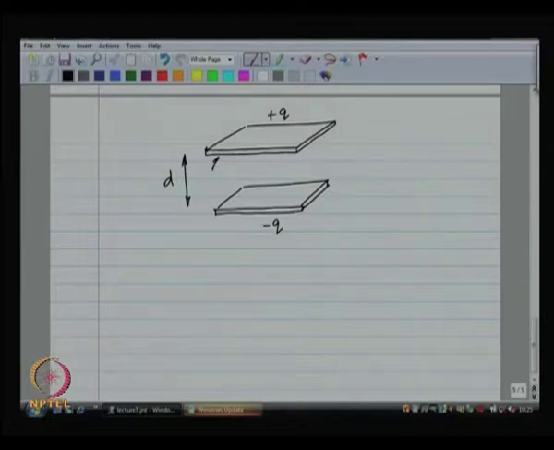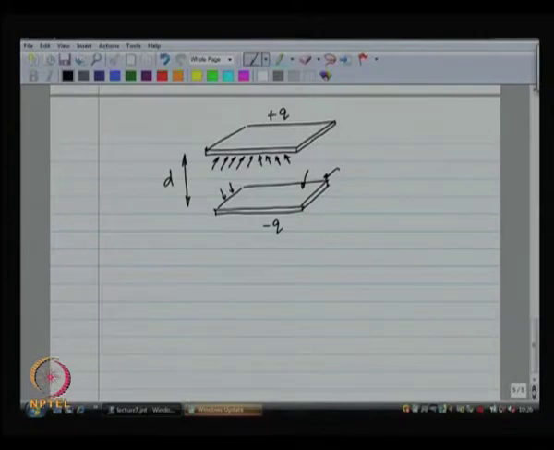As a result, all the charge resides on the bottom side of the top plate and the top side of the bottom plate. Okay, that is where all the charge resides. There is no volume charge inside the plate.